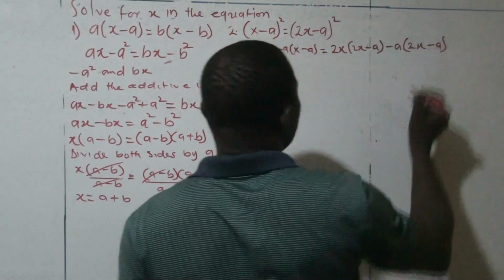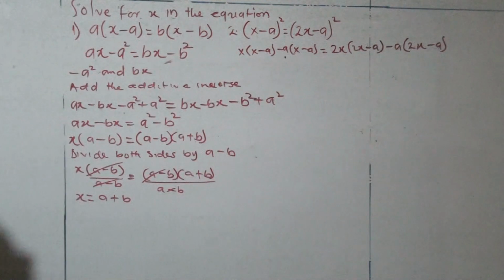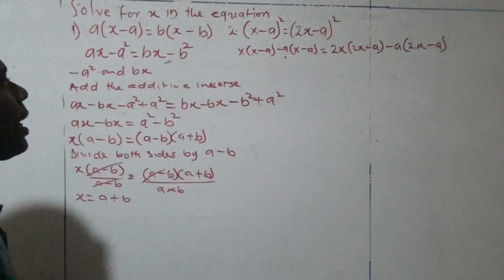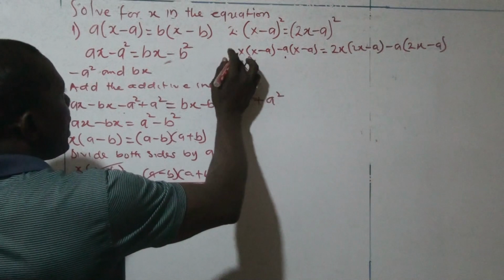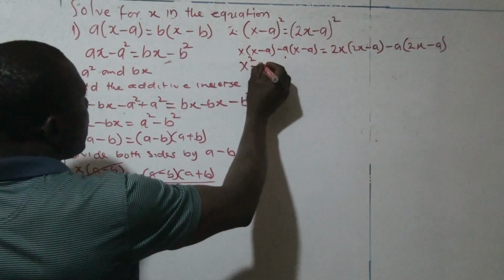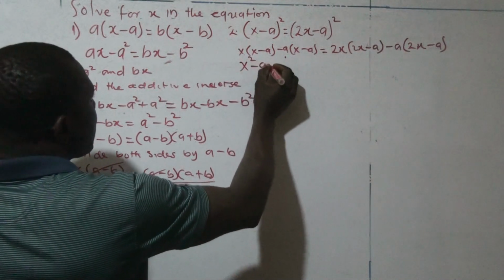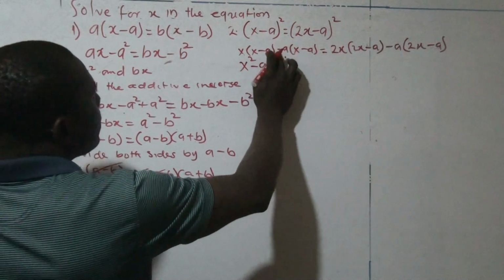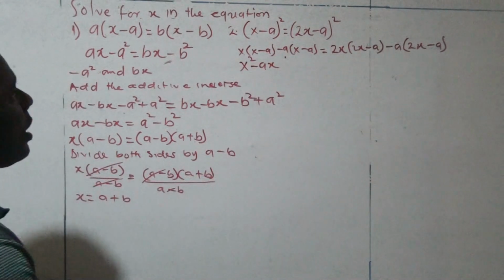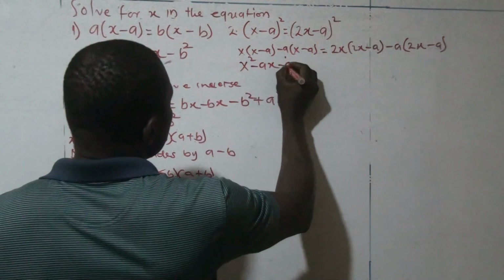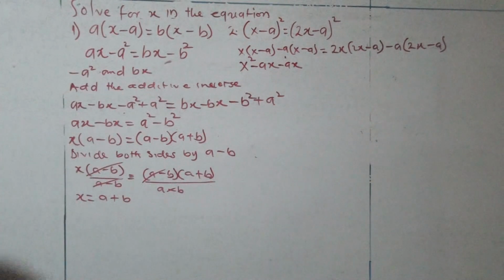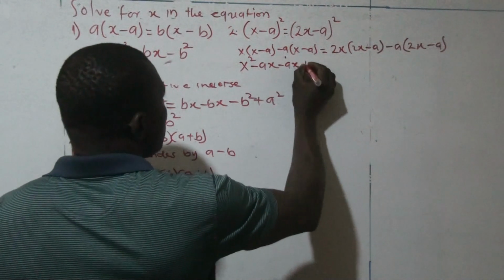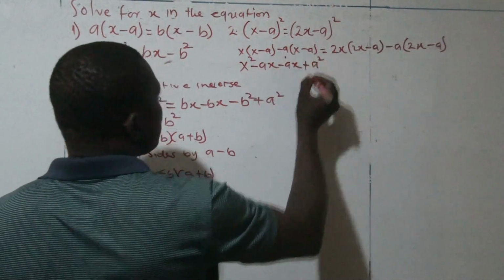Here x times x will give us x squared. x times minus a will give us minus ax. Minus a times x will also give us minus ax. Minus a times minus a will eventually give plus a squared.